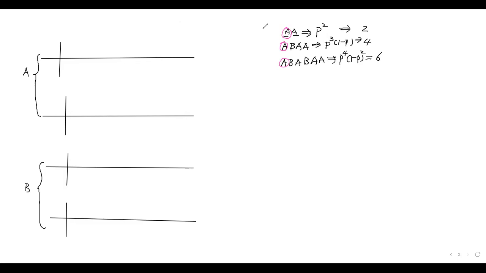How many games could it take? We could win in 2 games, 4 games, 6 games, 8 games, and so on. 2 games will be P squared. 4 games will be P cubed, 1 minus P. 6 games will be P to the fourth, 1 minus P squared, and 8 games will be P to the fifth, 1 minus P cubed.